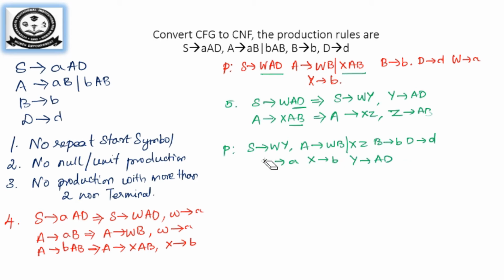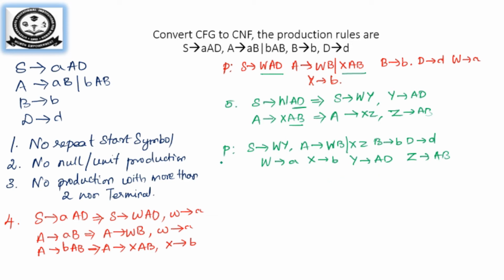Okay, so these W's are capital W only, so wherever I wrote it, it will be the same thing. So Z tends to AB. Make sure I wrote capital W, so don't confuse with that term. It is a capital non-terminal term only.